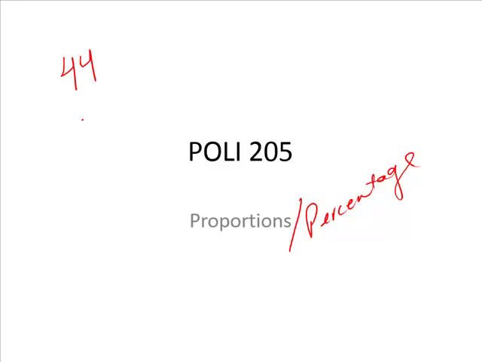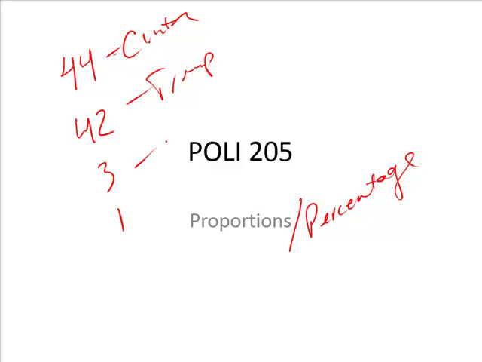Let's say 44, 42, 3, and 1, right? If you got Clinton, Trump, Johnson, and Stein. Okay? We're talking about these as a percentage of votes for the candidate, of votes cast.